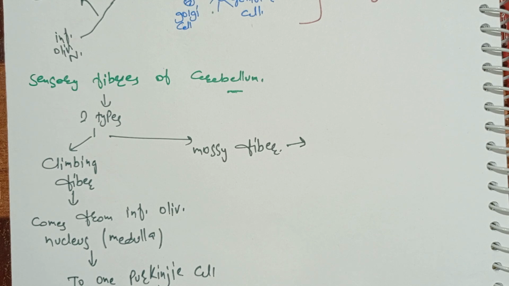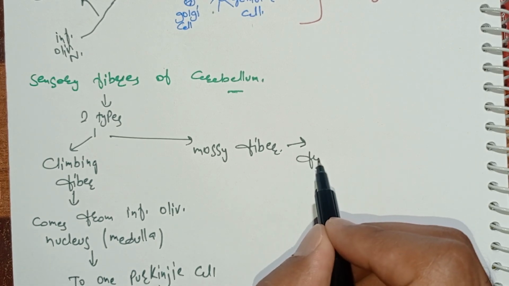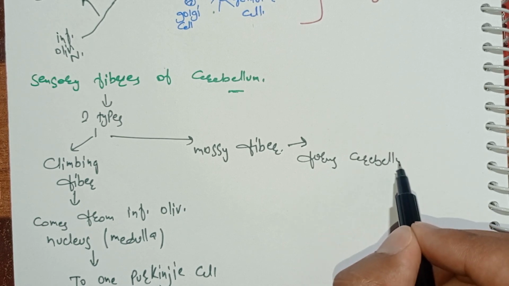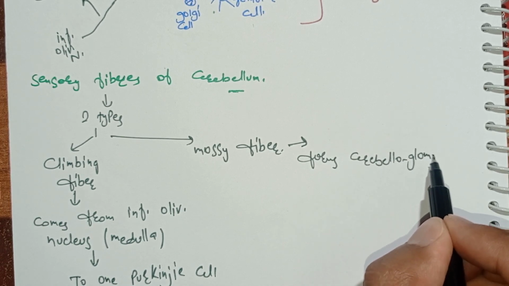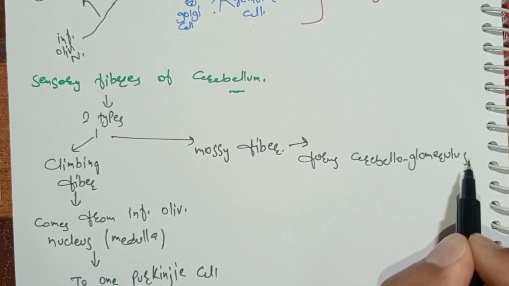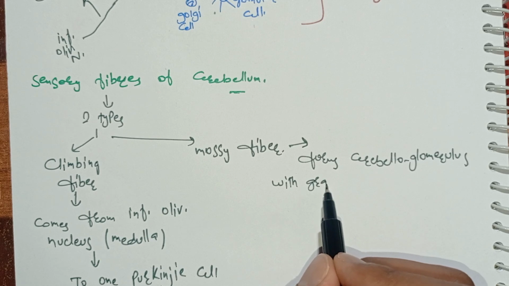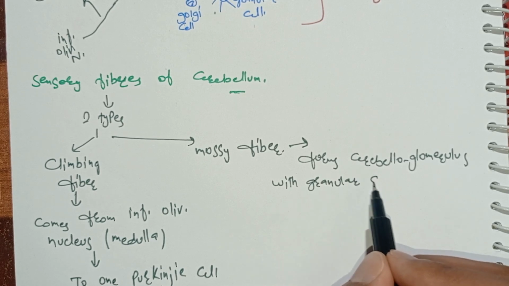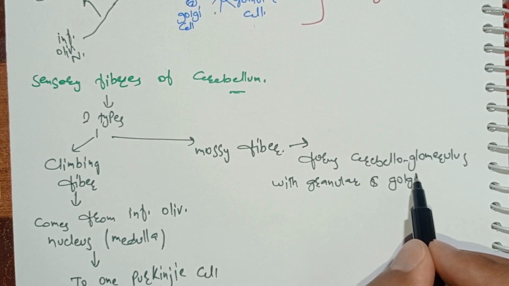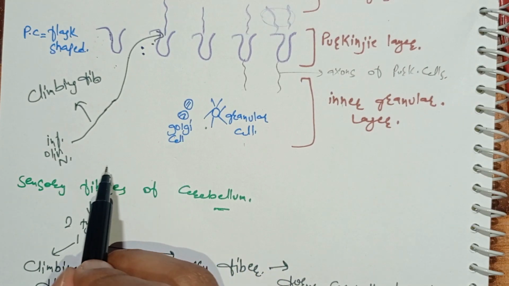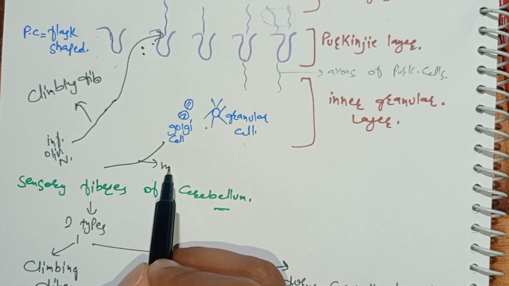Now we'll talk about the mossy fiber. This mossy fiber forms the cerebellar glomerulus with granular and Golgi cells. What is the cerebellar glomerulus? I will show you. This is the mossy fiber coming.